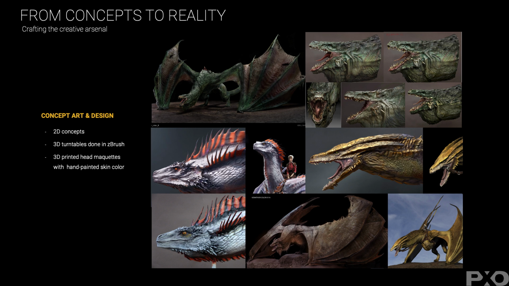And we were also working with the 3D printed head maquettes. On these head maquettes, which were real props built, our concept artists did a huge amount of work concepting over them. And what I find really interesting and was very helpful for us in texturing is that sometimes concept art is really beautiful, but it's painted.